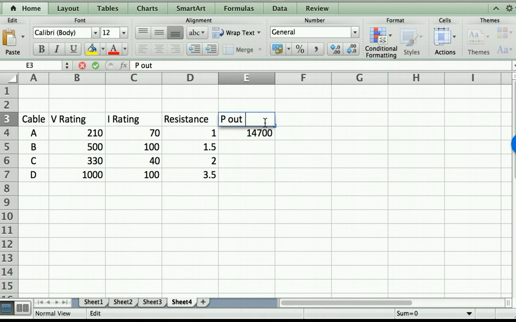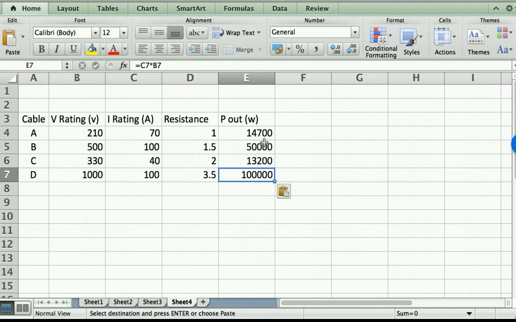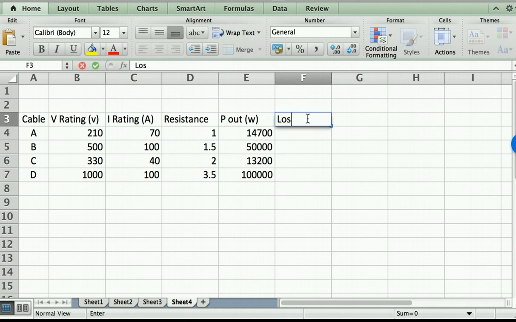This output is in watts. Let me write the units also. This is in volts and this is in amperes. Similarly, I can calculate the wattage rating of each cable. Once I have the output, whenever current flows in a resistance, there will be losses. So let me write the losses also in terms of watts.